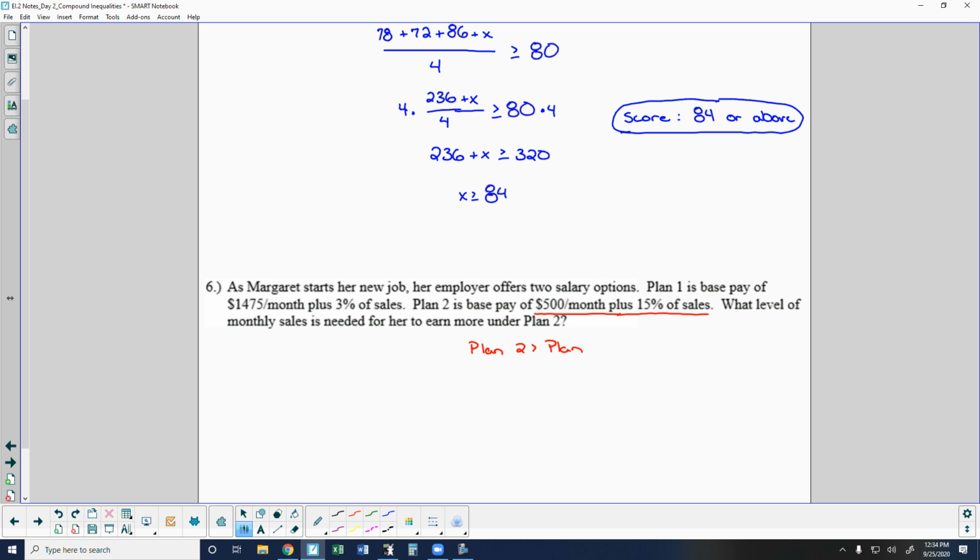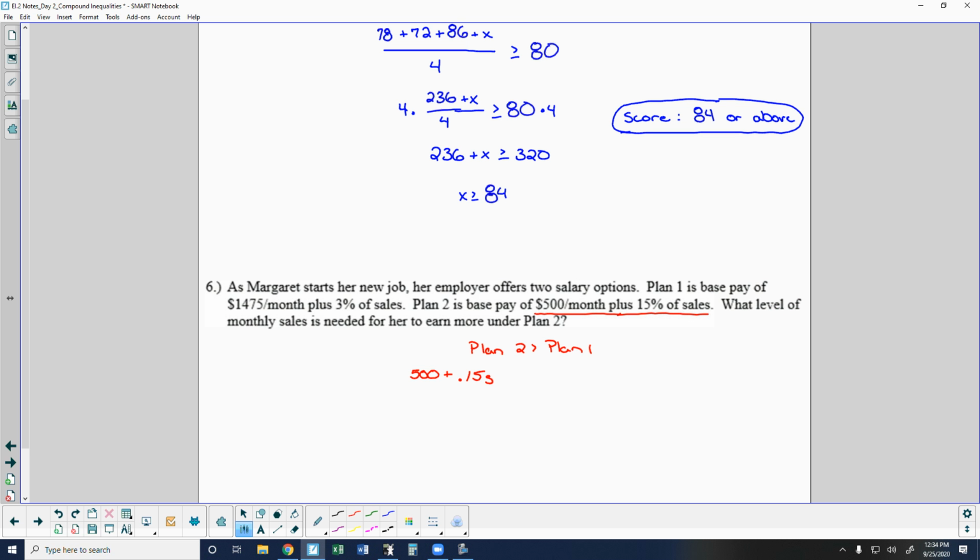So we know that initially she's going to make $500 no matter what. Depending on how much Margaret sells, then her salary would increase. So remember, 15% would be 0.15. We don't know what the sales are, so let's just make that S. So her salary under Plan 2 is going to be 500 plus 15% times S, or 0.15 S.